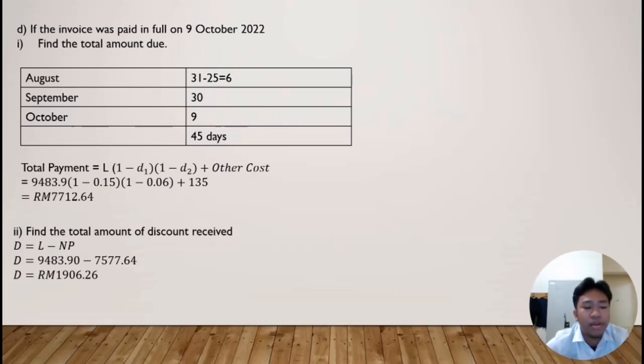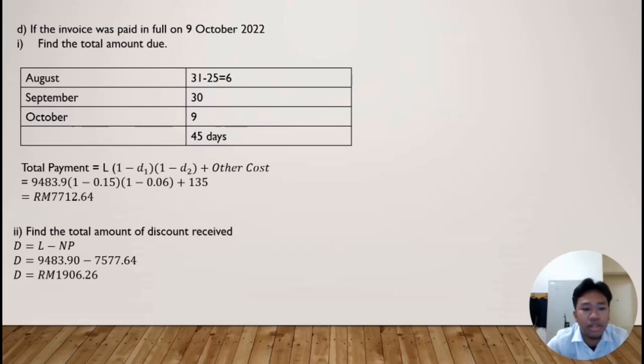Let's find the total payment using this formula: L (1 minus discount)(1 minus discount) plus other costs.